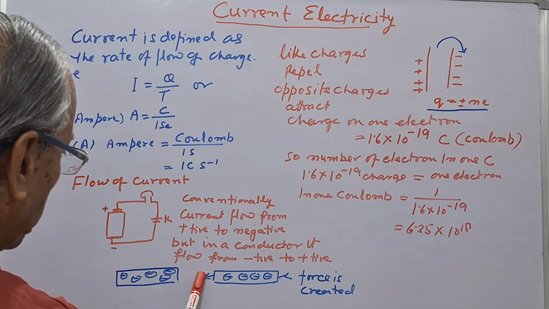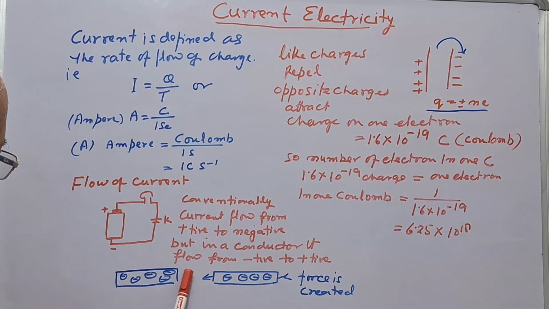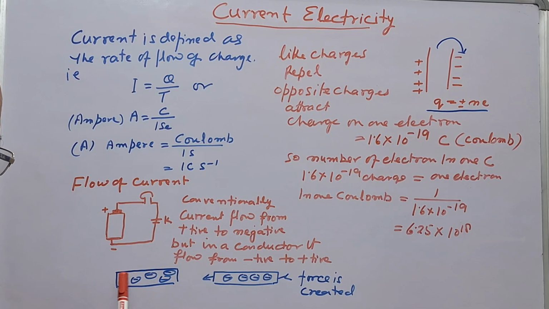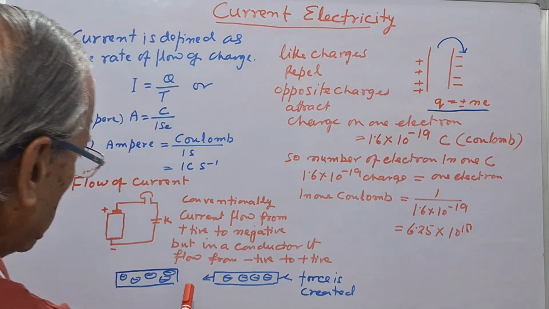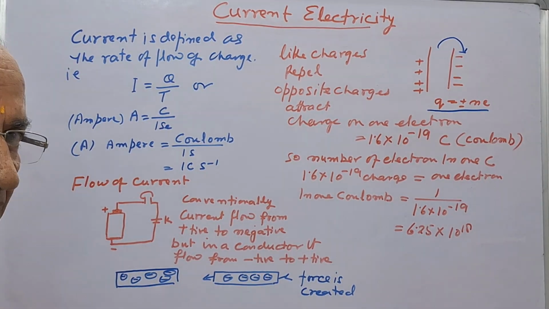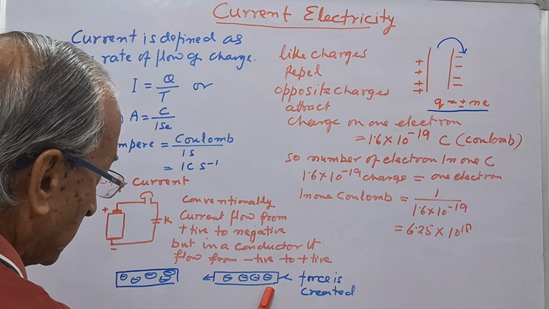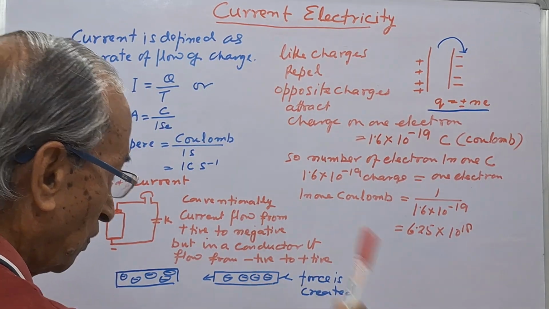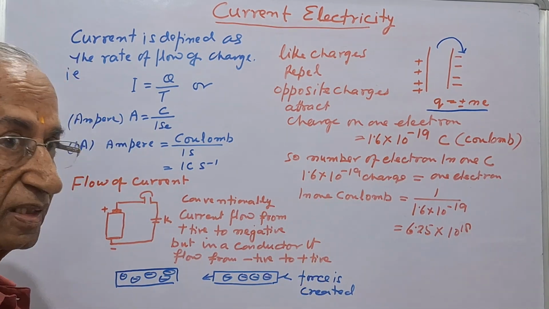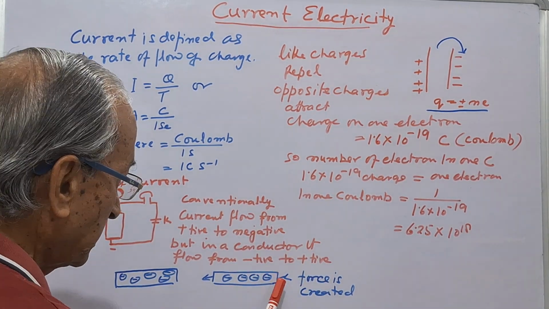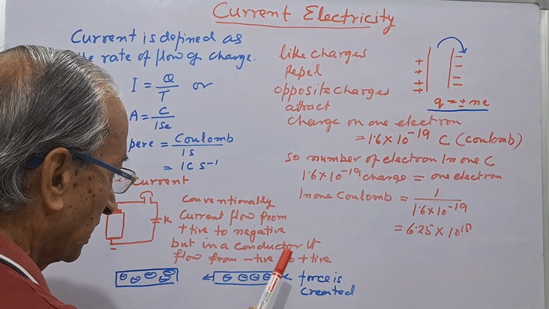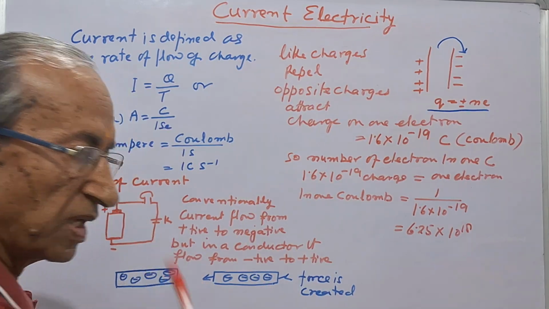Because if you see this picture, it is a conductor, and in the conductor, electrons are moving randomly. When current is passed, a force is created on the electrons, that is electrical force, and as the electrons are negatively charged, they immediately move toward the positive charge.